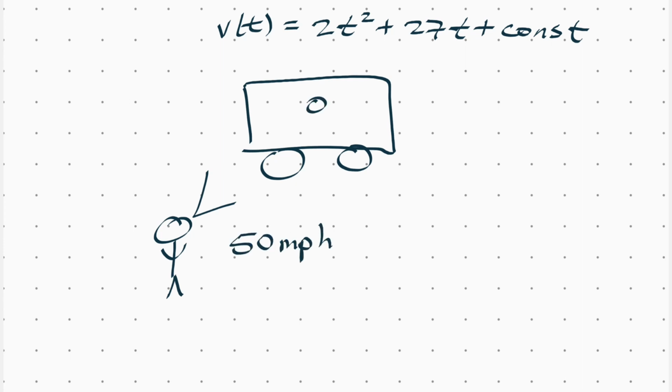But in the car, you're sitting still. Let's just say that you're a passenger in the back seat. It wouldn't matter, it could apply to anyone. But let's just say that you're in the back seat, you're reading a book. The last thing that you're thinking about is this 50 miles per hour. For you, everything is 0 miles per hour.